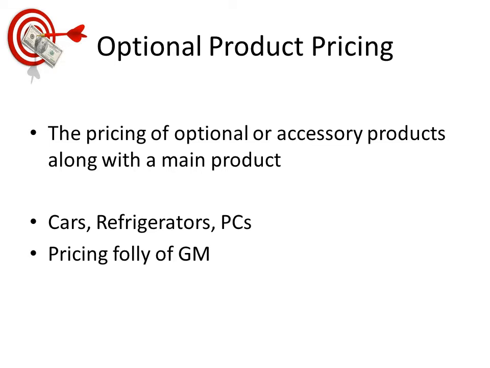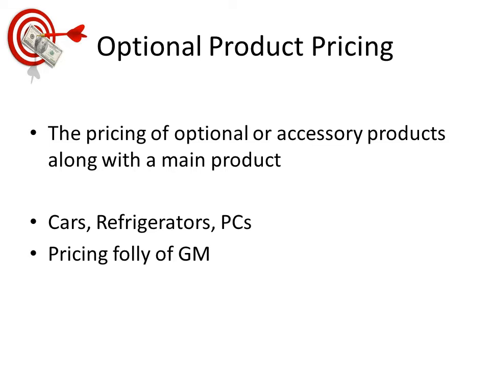We're seeing that also in the cases of refrigerators, PCs, etc. Just to give you an idea, a Swift Dzire would probably come around 5.5 lakh as the base price. And as you keep adding accessories to it, the same car at the end can also be priced at 8.43, which is the fully loaded car, so to say. So that's optional to customers.